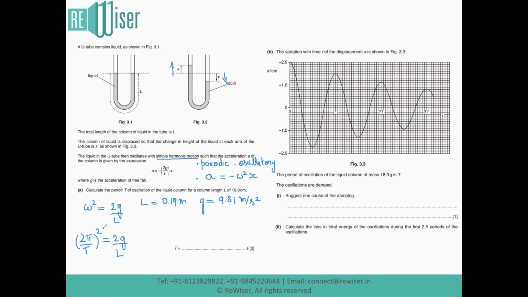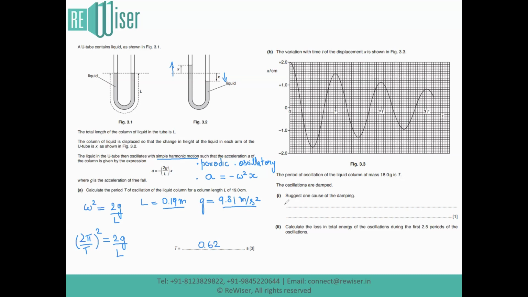Here, 2 and π are constants. g is also a constant whose value is known to be 9.81 m/s², and L, the only variable, is 0.19 meter. With all the values known, we rewrite the equation in terms of T, and when substituted and simplified, we get the value of T to be approximately 0.62 seconds.